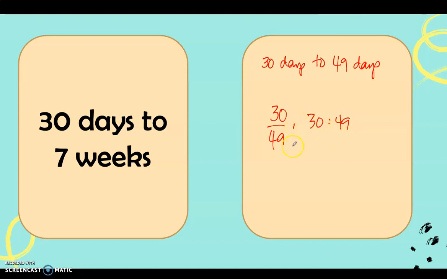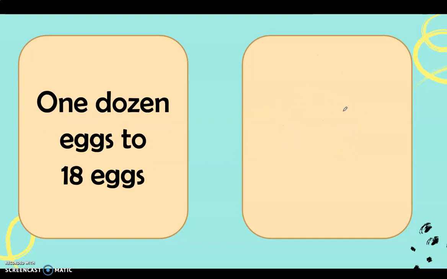Now let's see if these have a common factor. We have 2, cannot be. We have 3, no, cannot be. We can also try 4, or 5. So therefore, there is no common factor between 30 and 49 other than 1, and the answer is 30 over 49, or 30 is to 49.